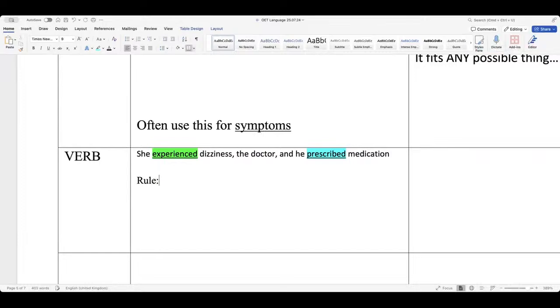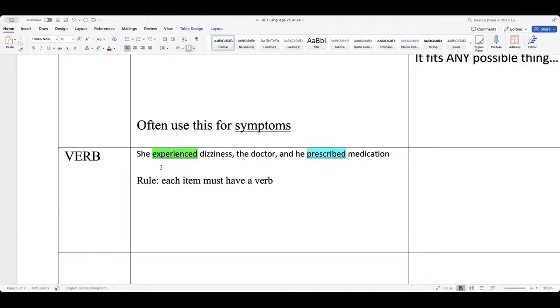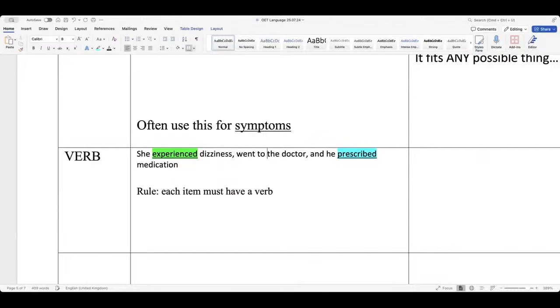No. So the rule is each item must fit the verb. Must match. It must have a verb. Do I need to have also an object as well? Like a noun? Do I need a noun? Sometimes yes, sometimes no, Ada.